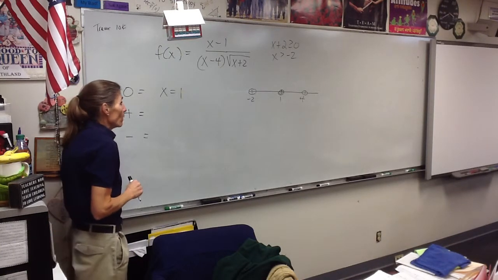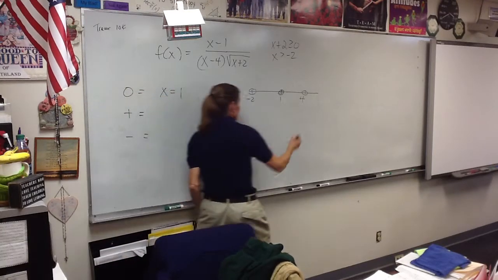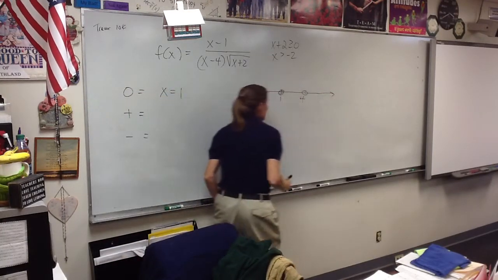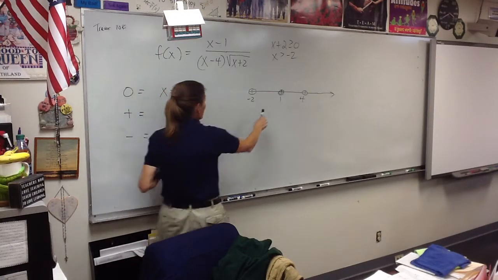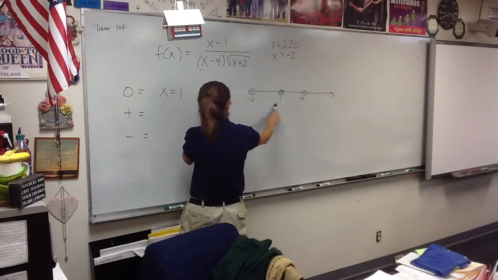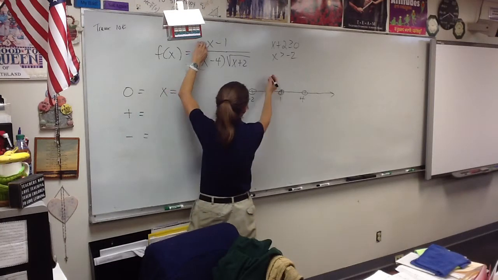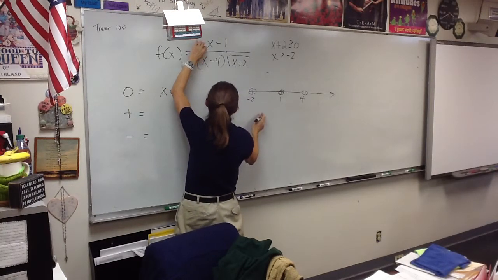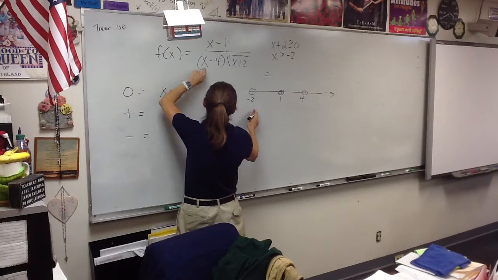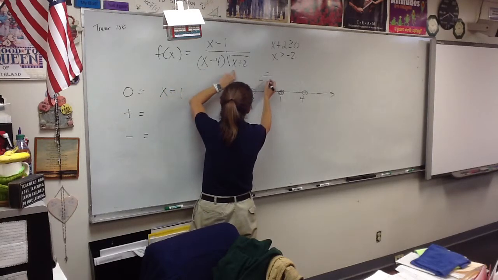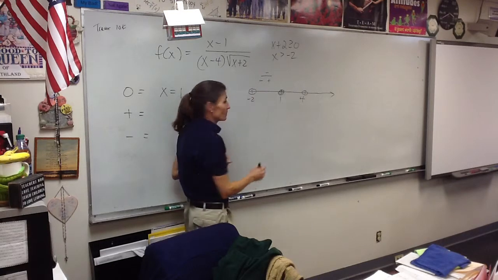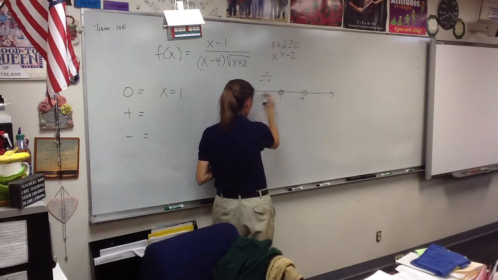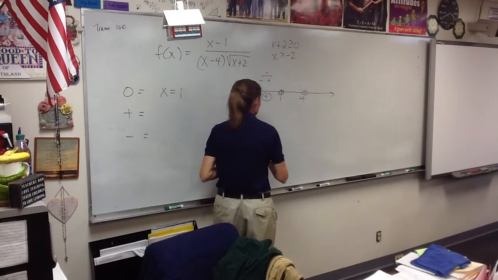Now, where is it positive and negative? Well, I don't know. Let's start picking numbers and seeing what happens. What's the number in here? 0. All right, let's put 0 in. 0 would make the top negative. It would make this negative and this positive. So what would be the outcome of that? Positive. So this section is positive.